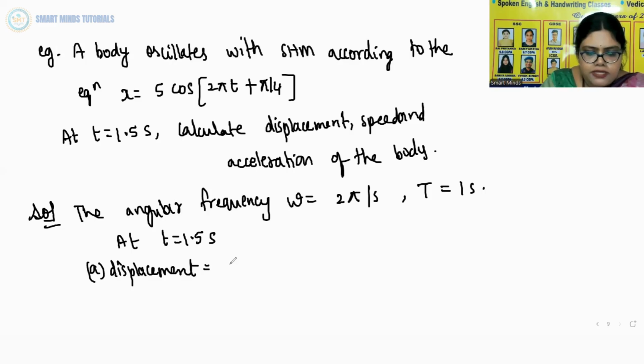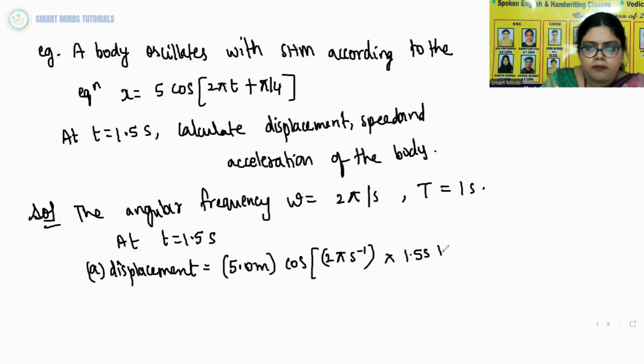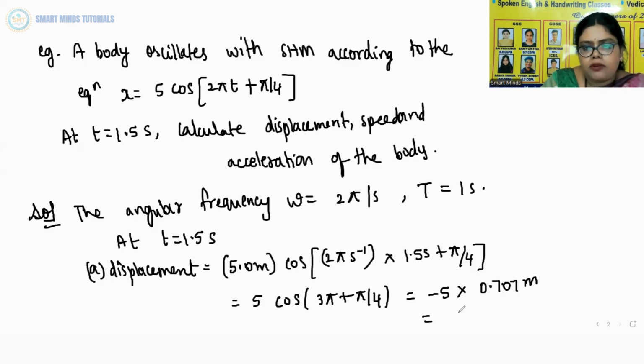Displacement is 5.0 meter into cos of 2 pi per second into 1.5 second plus pi by 4. So that is 5 cos of 3 pi plus pi by 4, which is minus 5 into 0.707 meter. If you multiply these two, you get minus 3.535 meter. This is how we found displacement.